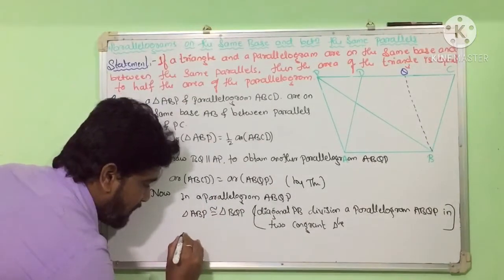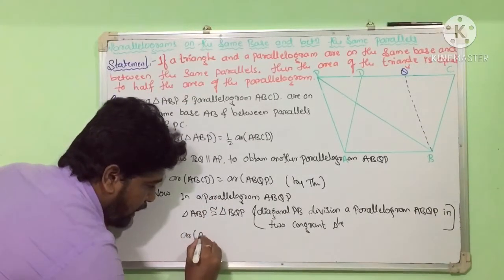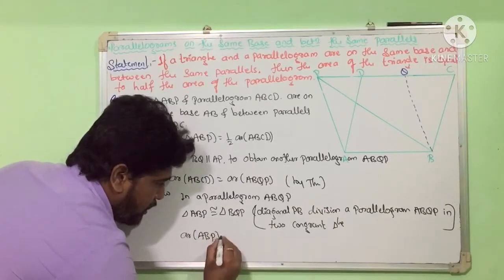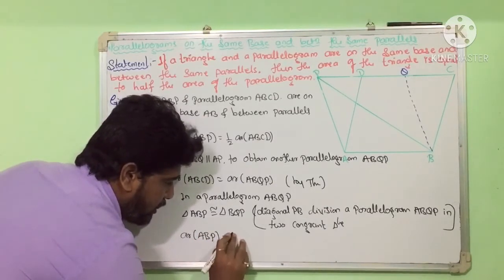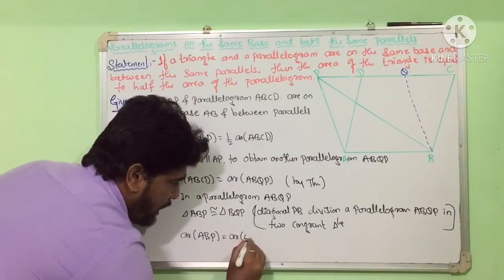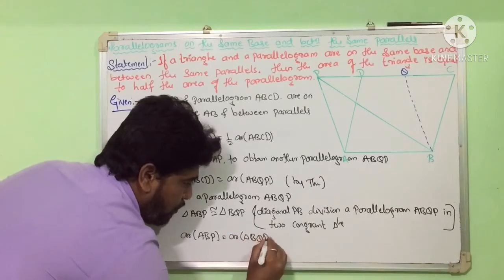So write down here, the area of triangle ABP is equal to area of triangle BQP.